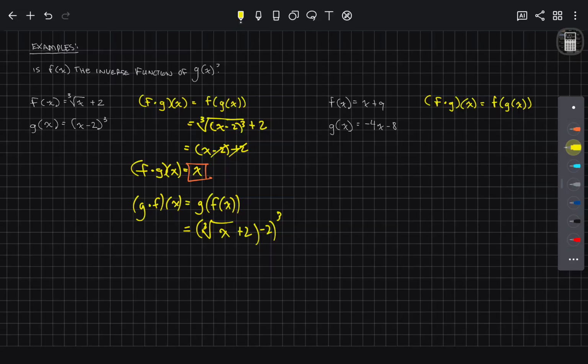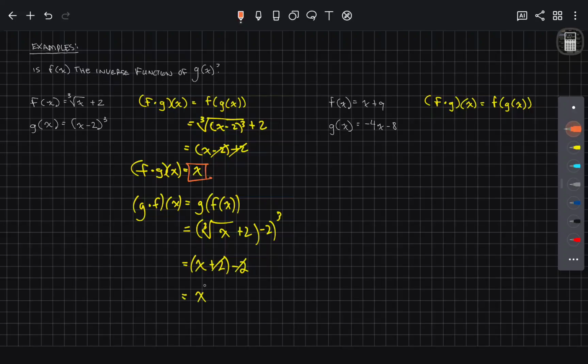Now we have something similar going on. We have a cube and a cube root, which cancel each other out, giving us x plus 2 minus 2, and those cubes are gone. We run into the same bit we had before.